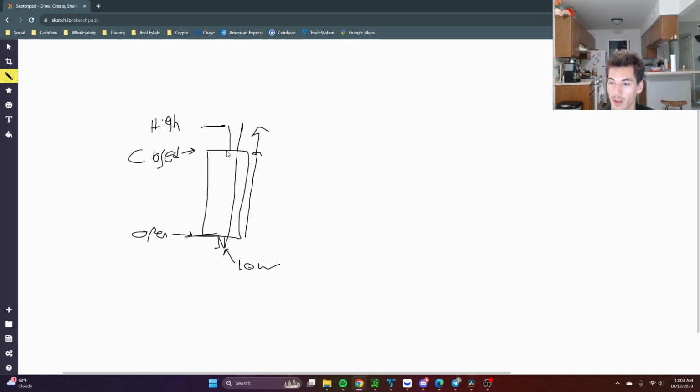And obviously it would all be vice versa if it was a red candlestick. So price would have opened right here, would have had the high right there, and then this would have been the low, and right here would have been where it closed.